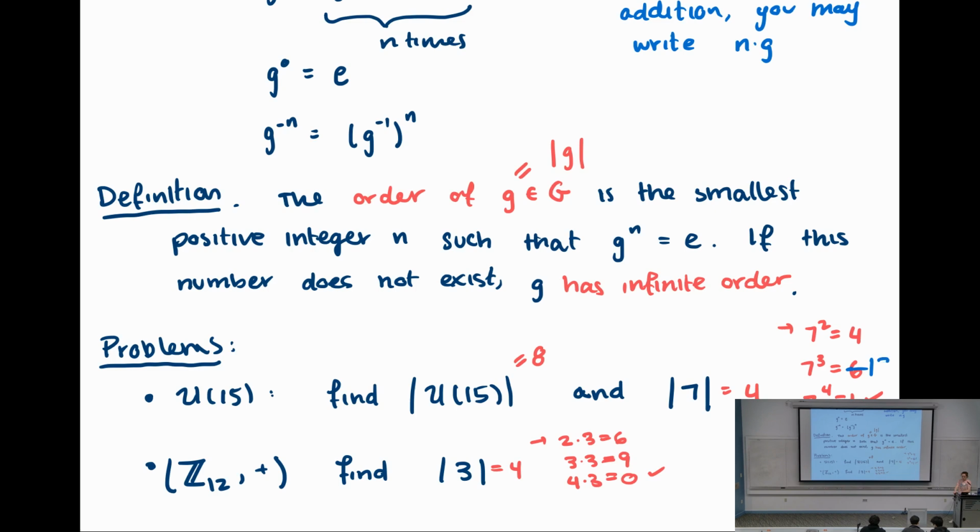Okay, so maybe this is 13, but then... Okay, then does this still come out to be... Okay, so I had an error. Okay. Other questions? Yeah. No. So the order of the group is just like the cardinality of the set that the group is on, yeah. Other questions?